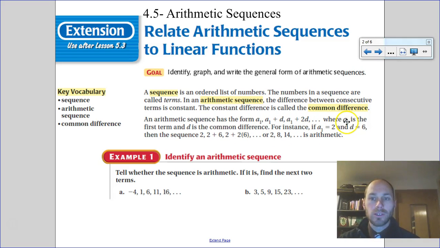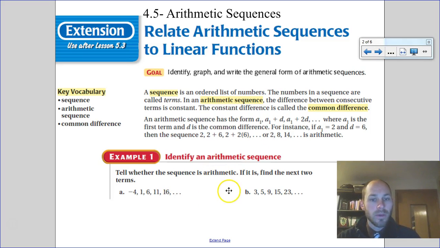So the terminology we use is a sub 1 to represent the first term, a sub 2 to represent the second term. For instance, if a sub 1, the first term, is 2, and the difference is 6, we know it's 2, then 2 plus 6, then 2 plus 2 times 6, which are 2, 8, 14. And that's an arithmetic sequence because we're adding a common difference.